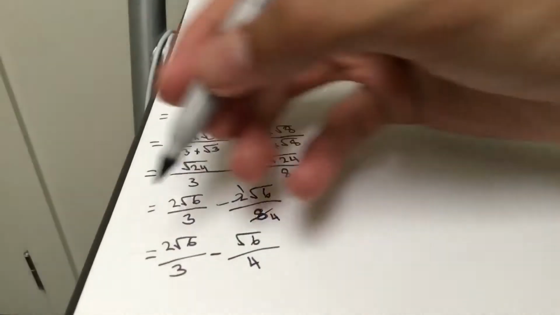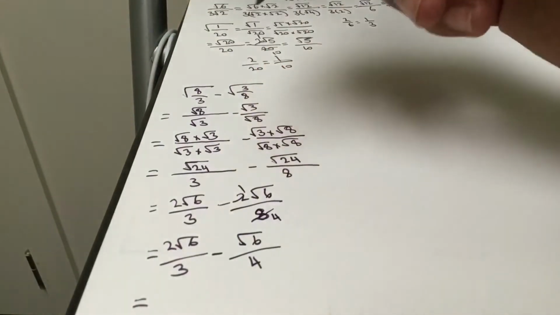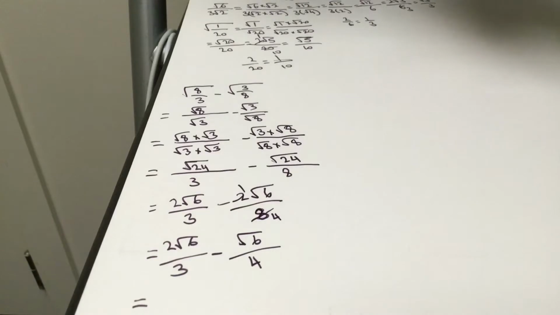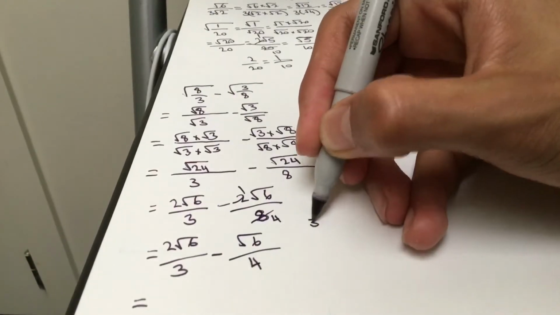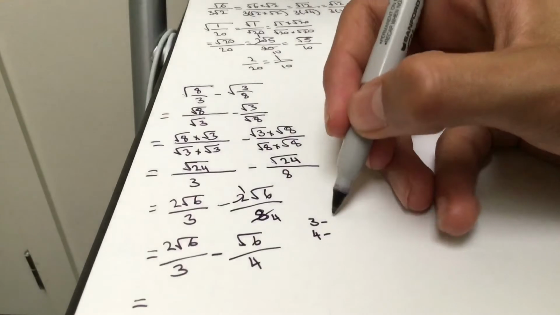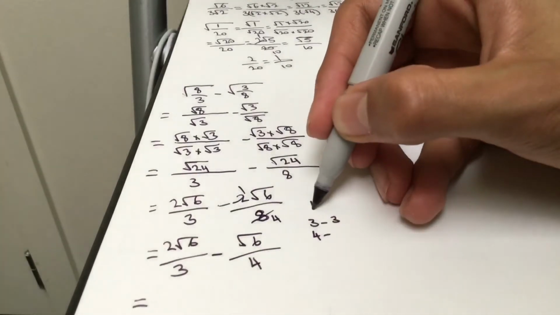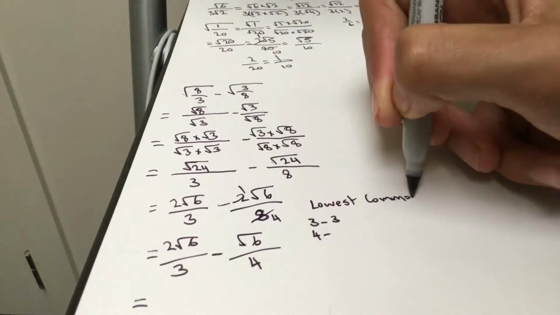Okay, so we reach this part where we have to find the LCM, which you remember from one of my previous videos on how to find the LCM. So I'm just going to recap and summarize what we did. For 3 and 4, we just find the multiples, the lowest common multiple.